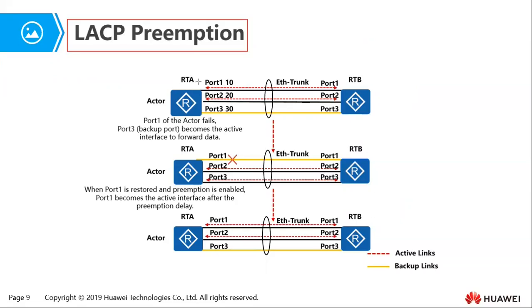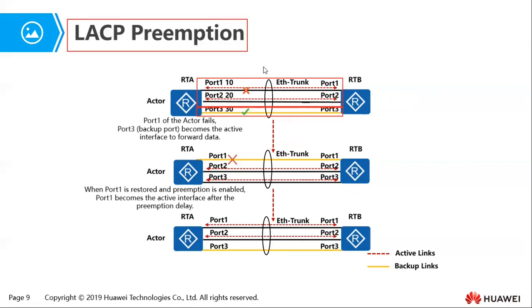We've said that we can set up active links and backup links. Now, in case an active link goes down, then a backup interface with the highest priority replaces it and starts forwarding data, because backups do not forward data. So that is how it happens.